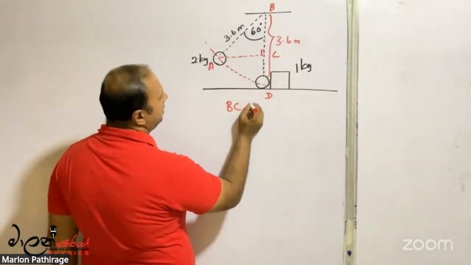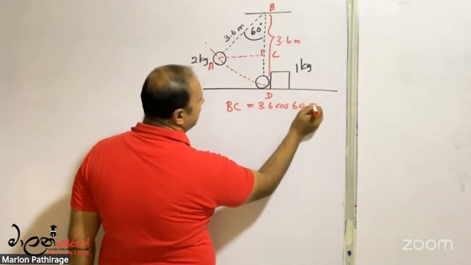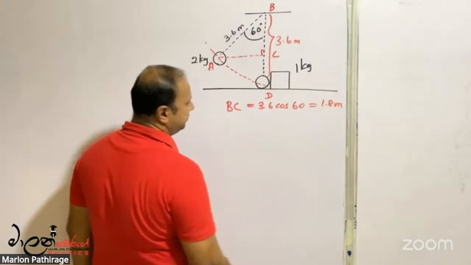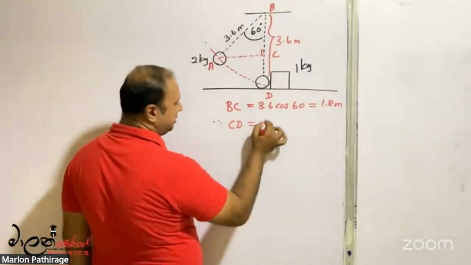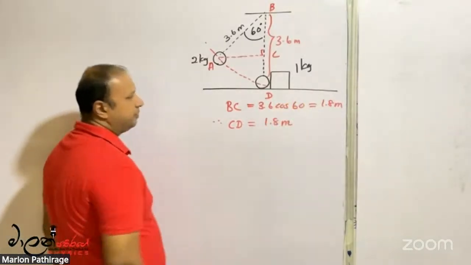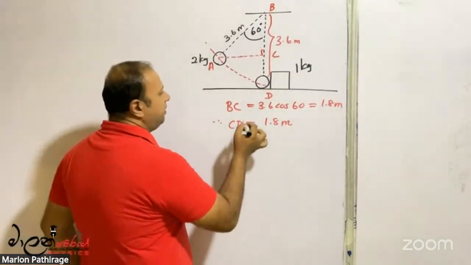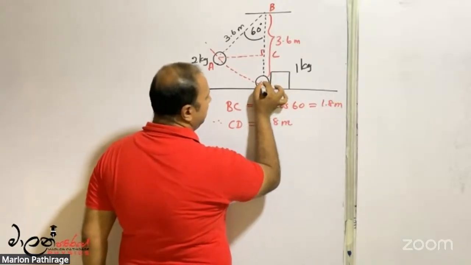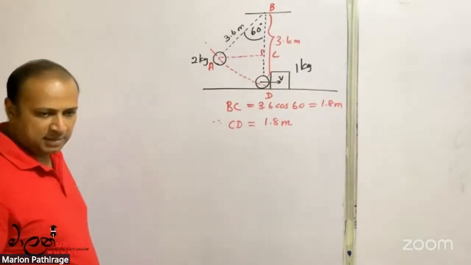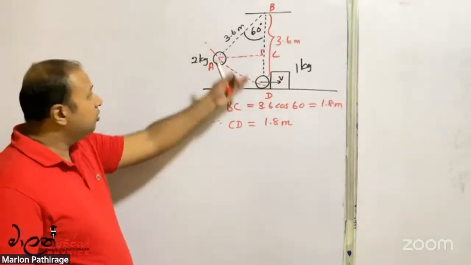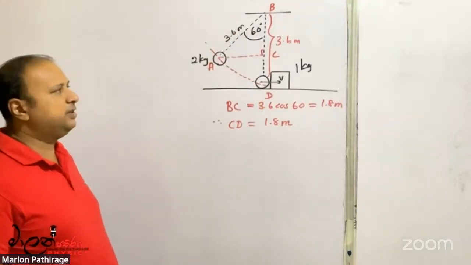BC is equal to 3.6 cos 60, that means 1.8 meters. Therefore, CD also equals 1.8 meters. Then you need to determine the velocity of this 2 kg mass when the string becomes vertical.